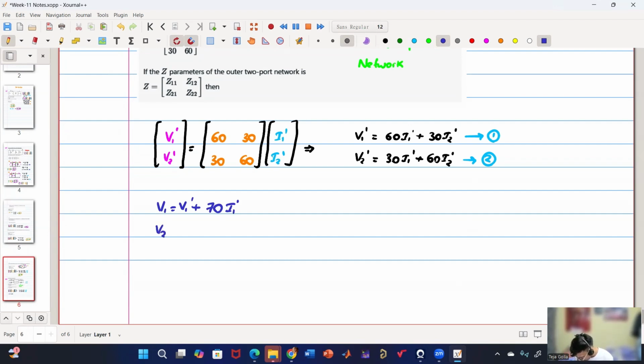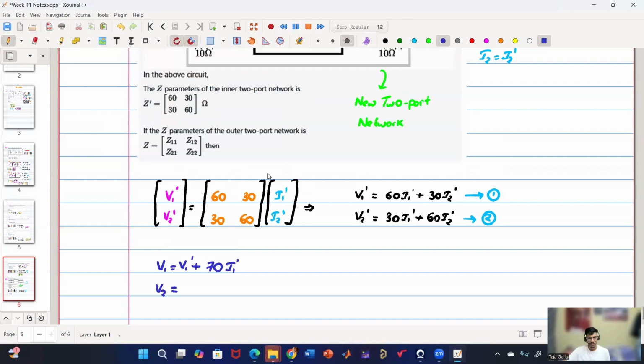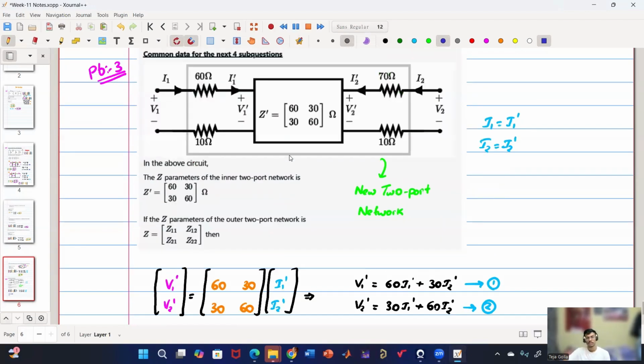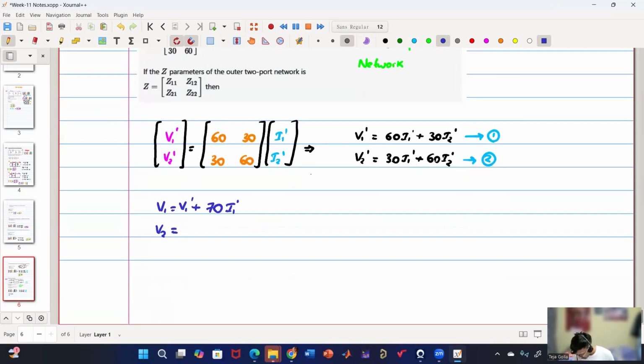And V2? Sir, V2 is equal to V2 dash plus 80 I2 dash. Okay, so from this, how are we going to proceed further?